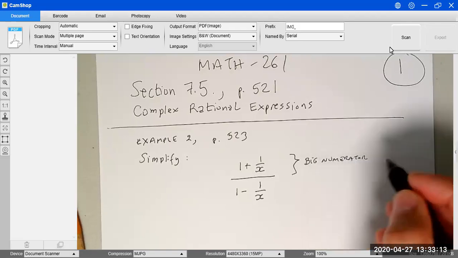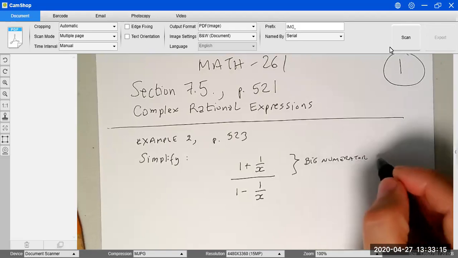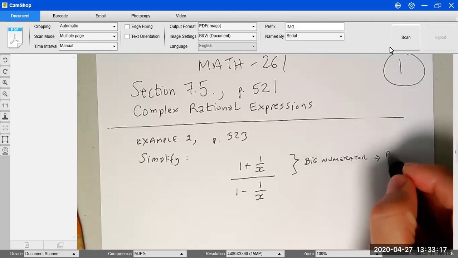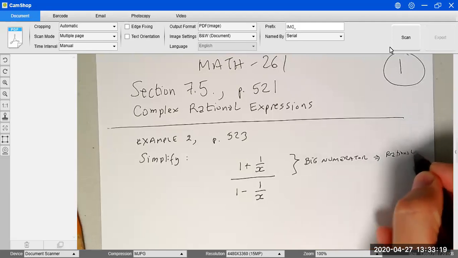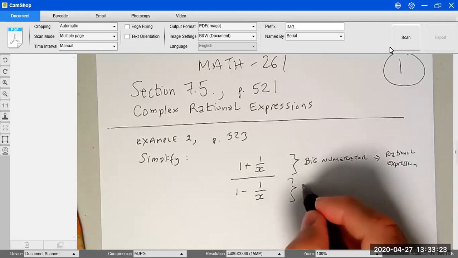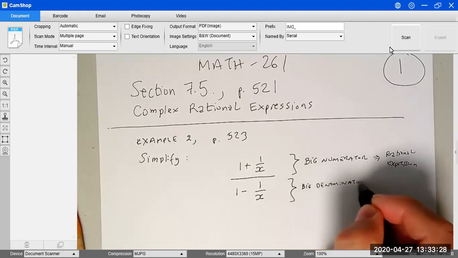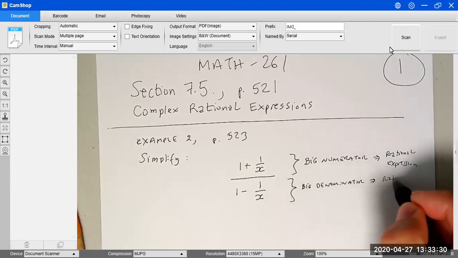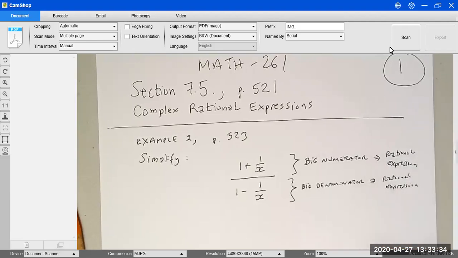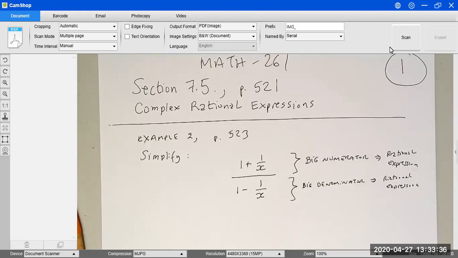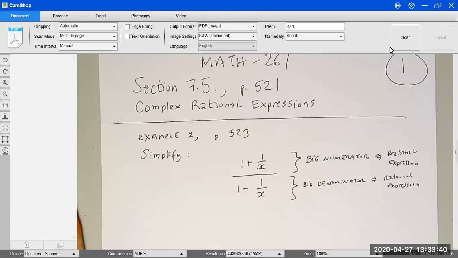Essentially the numerator is a rational expression, and the denominator is another big denominator because it is also another rational expression. A complex rational expression is just a fraction where the numerator is a rational expression and the denominator is another rational expression.